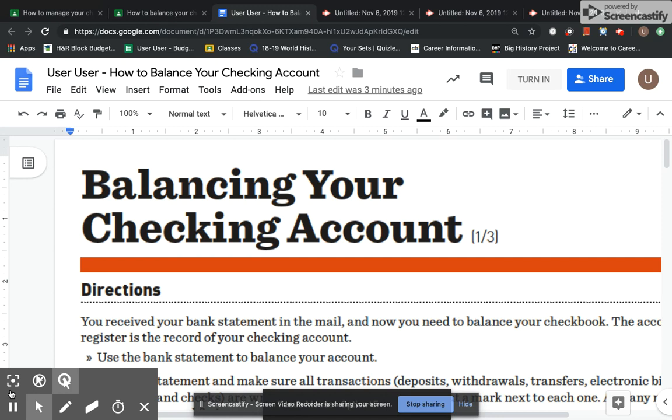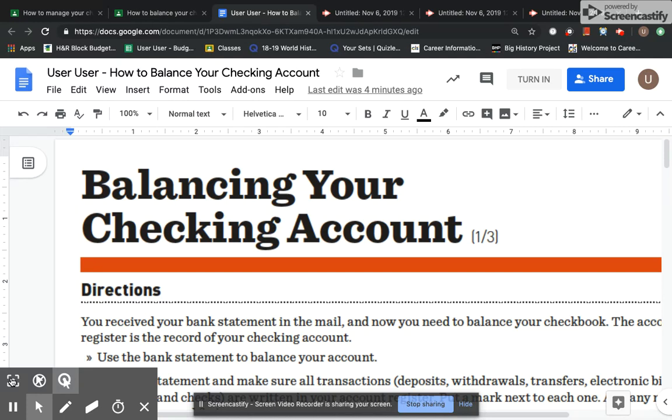Okay, the next step after you have matched those transactions is you go from the bank statement and find the ones that are on the bank statement but not in your register. Then you write them in your register. Then you check them off on both because now they're accounted for. And then you look at your register, that's the last step, and see any transactions that are in your register that are not on the bank statement. If they're debits, you add up all the debits, all the payments, all the things that are minuses from the account. Then you add up all the deposits that are not accounted for.